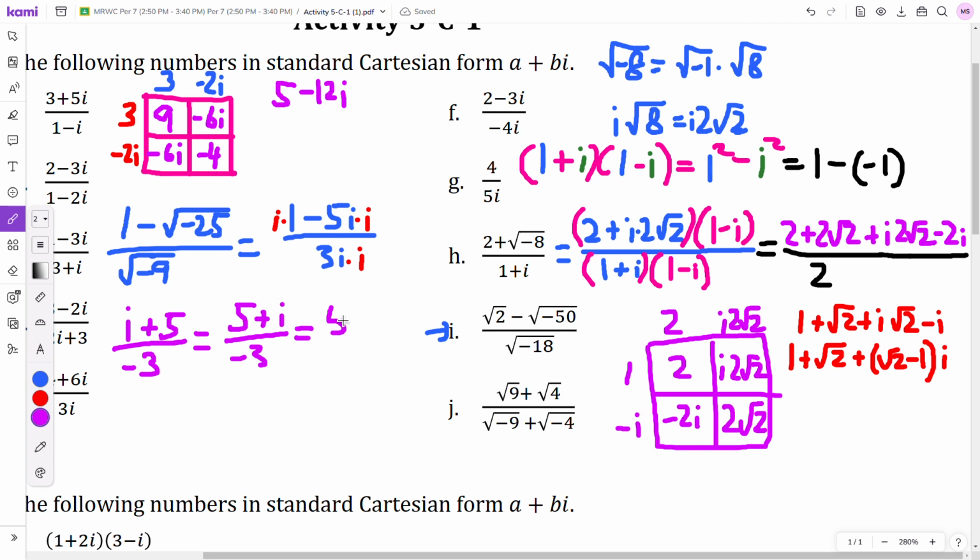And this is going to be negative 5/3 plus negative 1/3 i. You heard me. That's what it is. Right here.